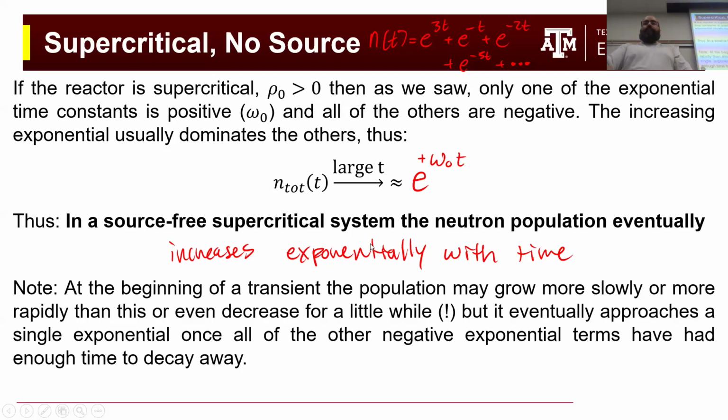That's the longer-term behavior of a supercritical system. At the beginning, these negative exponentials are going to start decaying away, so in the early part of the transient it might decrease or maybe even increase a little bit, but it's eventually going to look just like this single exponential, dominated by the only positive time constant.